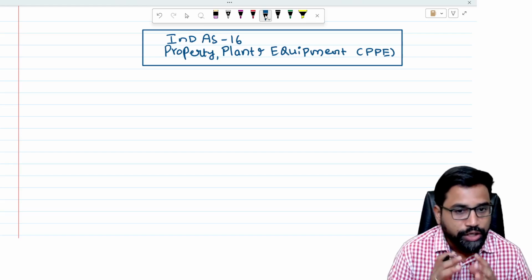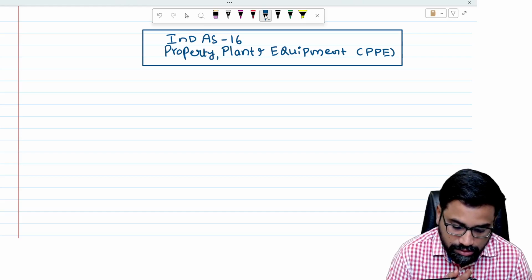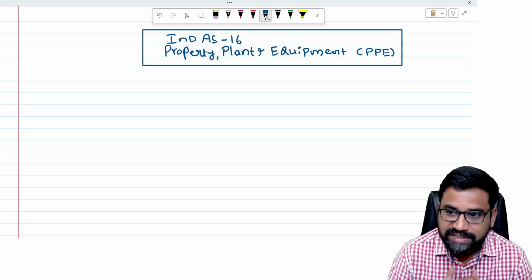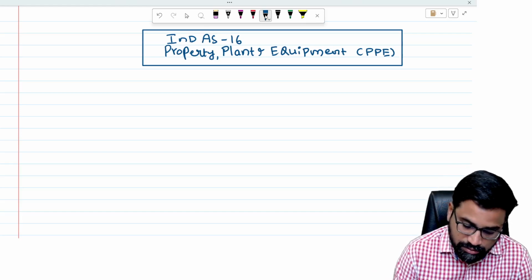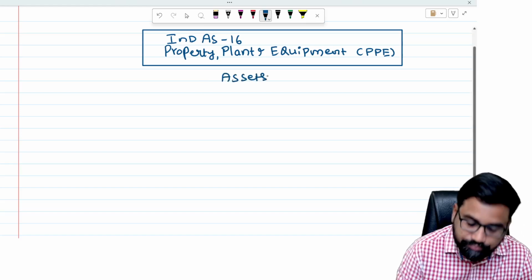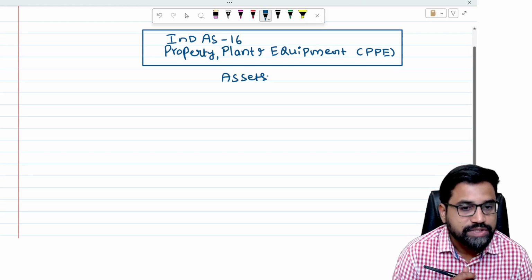So we know assets are an integral part of any business, very important resources for an organization.